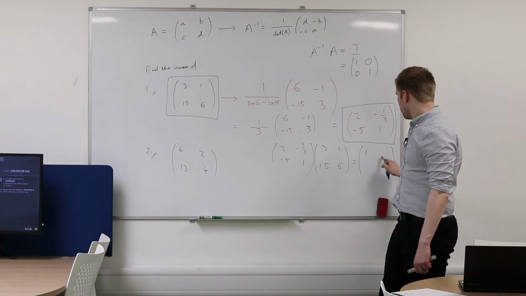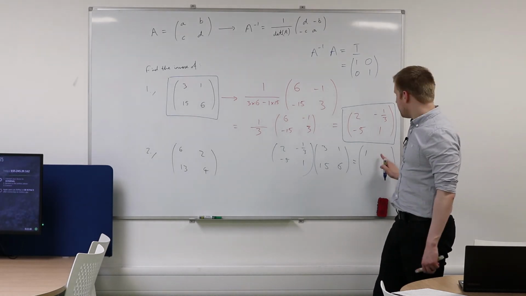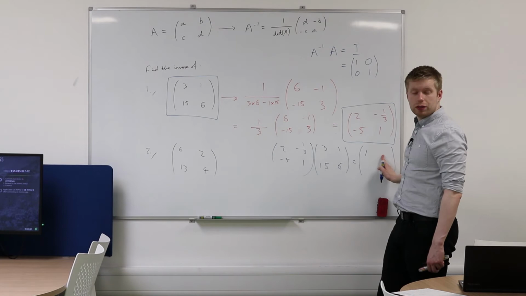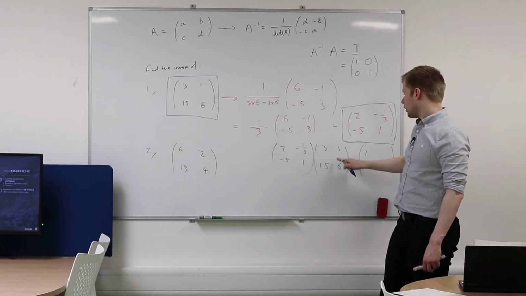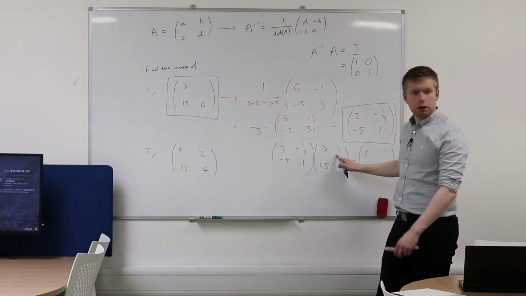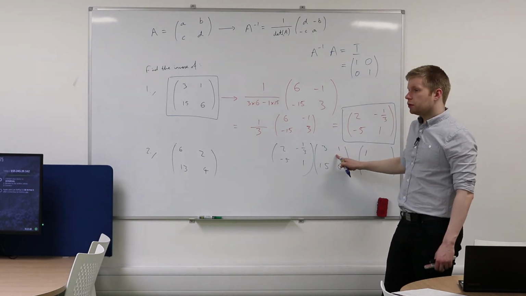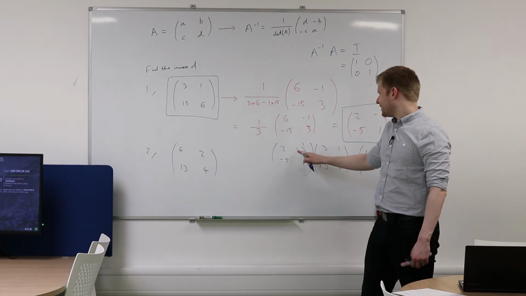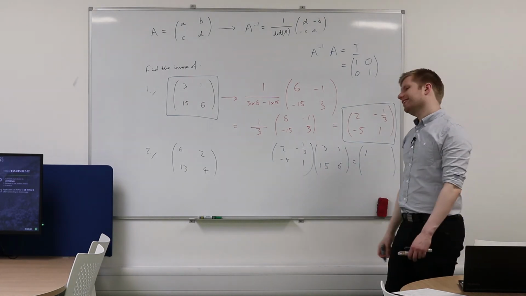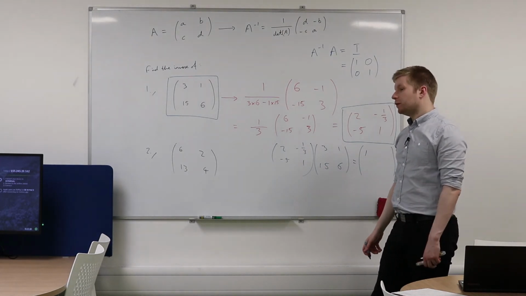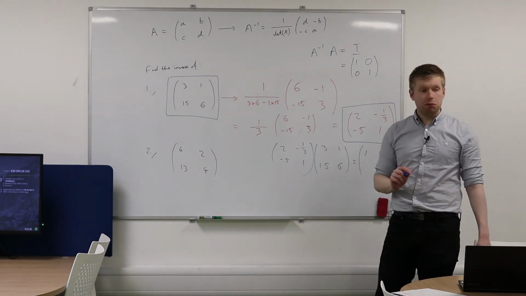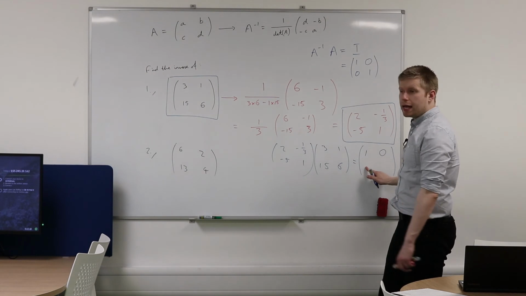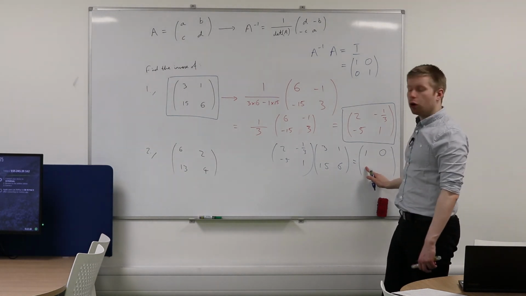Okay. Let's go for this element here then. This element will be first row, second column. 2 times 1, 2, plus negative a third of 6, which is 2. So I'm taking 2 and I'm taking away 2. I get 0. Looking good. All right, let's go for this element here, which is second row, first column.